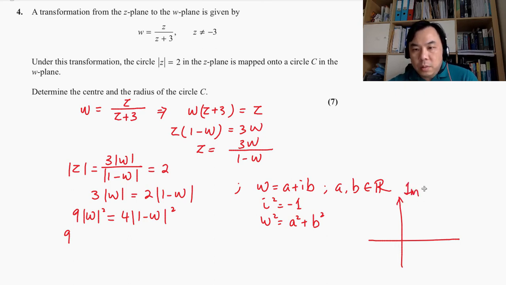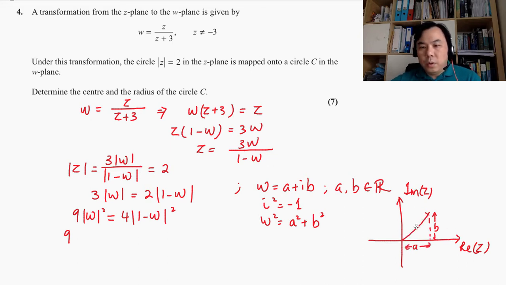So this is imaginary, real, and our a, b is somewhere here. This is b, and this part here is a. So the magnitude of this complex number measured from the origin is given by this.